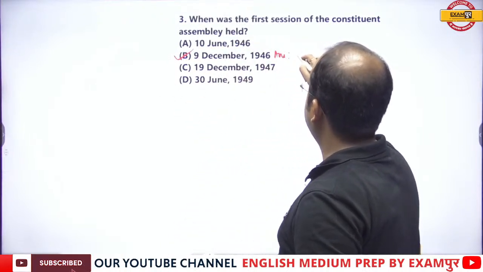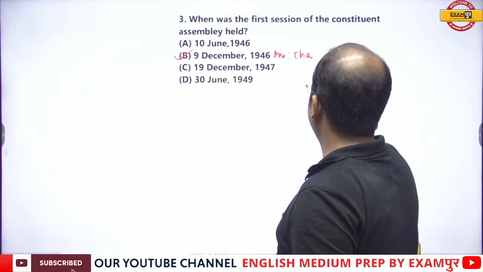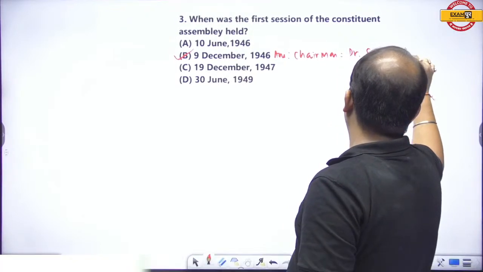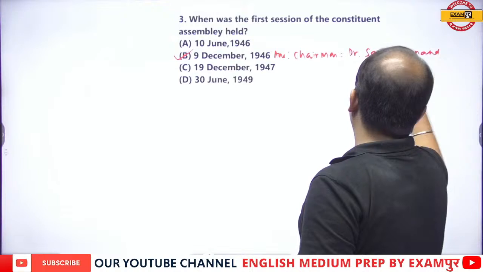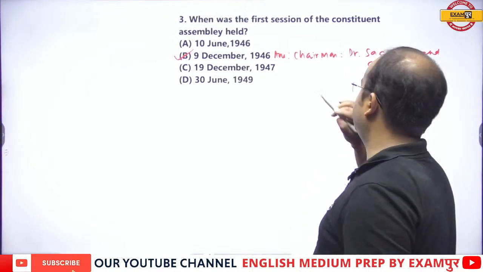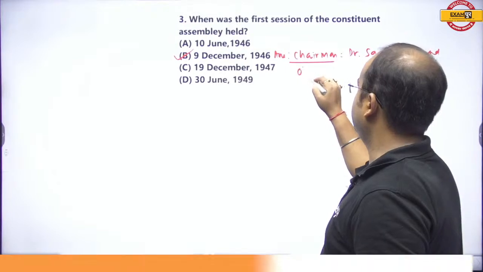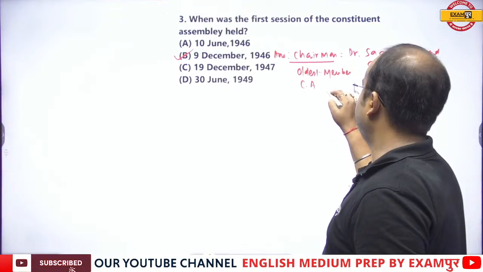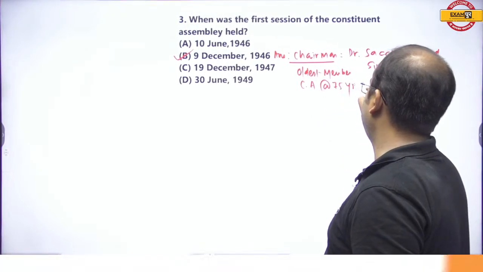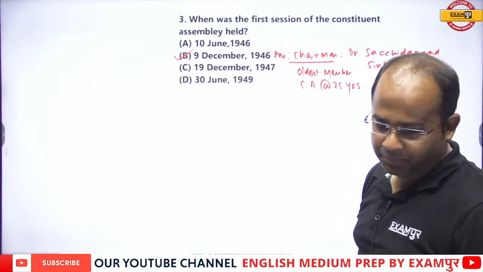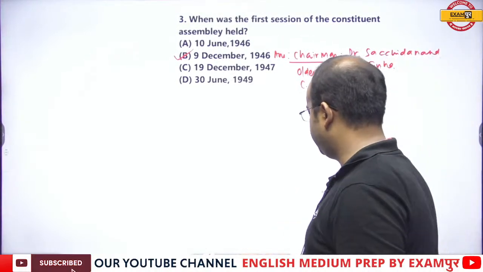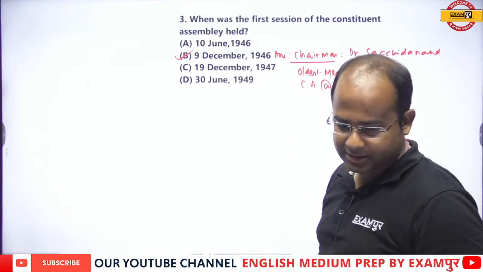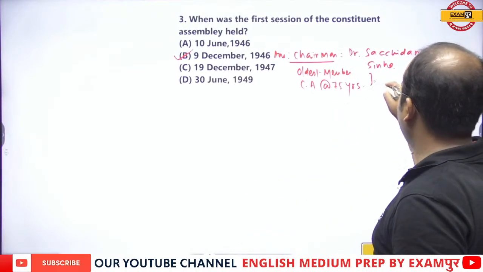And the chairman of this session was Dr. Sachidanand Sinha. He was the chairman. The reason was this: he was the oldest member of the Constituent Assembly, and when he became a member, he was 75 years old. So he was the chairman, or it is better to write the president, and it was following the French tradition.